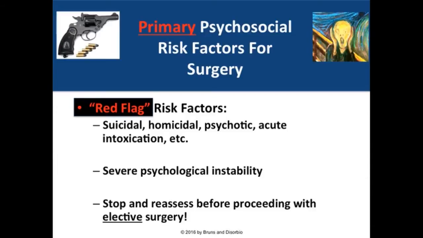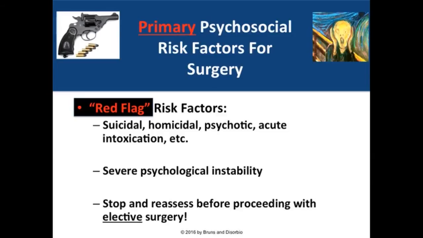But sometimes primary risk factors are present, and if so, that patient may be so psychologically unstable as to be unable to cooperate with treatment or to benefit from treatment. Whenever a primary risk factor is present, it's important to stop and reassess what you're doing, especially if you're looking at an elective surgical procedure.